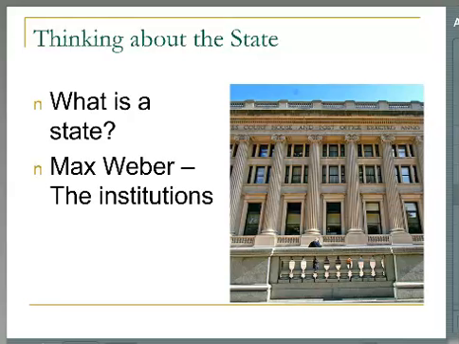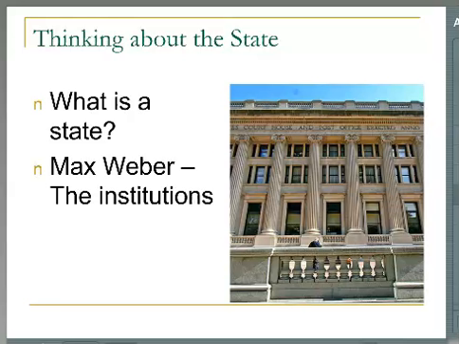So he first begins by saying it's a set of institutions. It has things like a courthouse, a Congress, a post office, an army. There are things that we can point to that are the State with a capital T and a capital S. But other groupings in our society also have institutions.